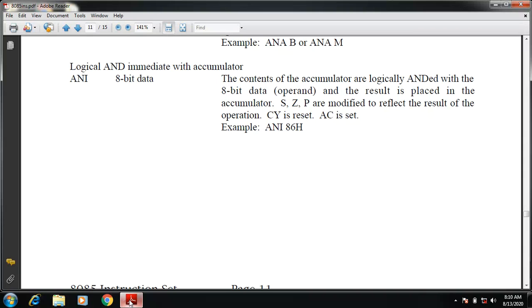Before, the specified register was ANDed with the accumulator; here the specified data is ANDed. Here also the sign flag, zero flag, and parity flag are modified. Similarly, carry is reset and auxiliary carry is set.